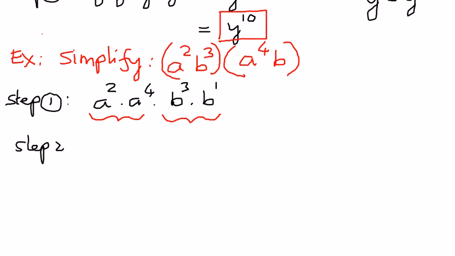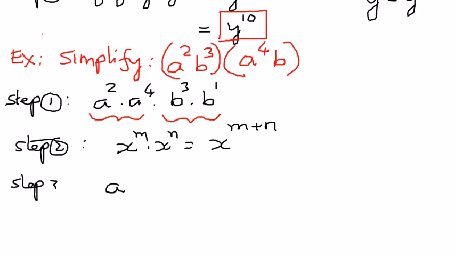In step 2, we know this rule. If we have x to the power of m and then x to the power of n, as long as the bases are the same, we can write the base once and then combine the powers. Therefore, since a to the power of 2 and a to the power of 4 have the same base, we can write the base once, and then, as step number 3, combine the powers.